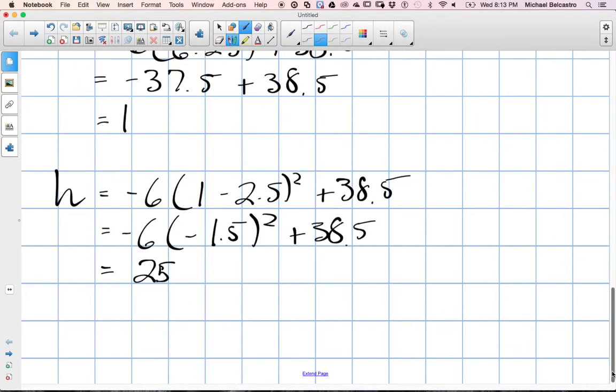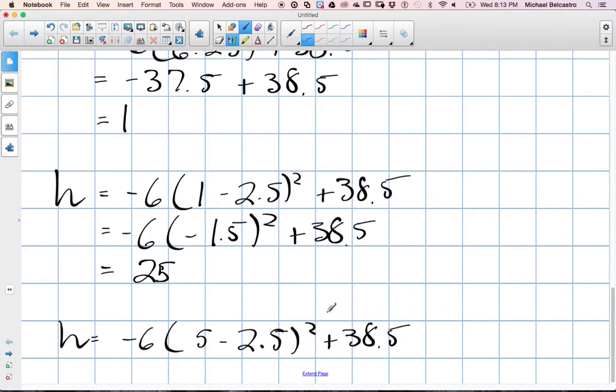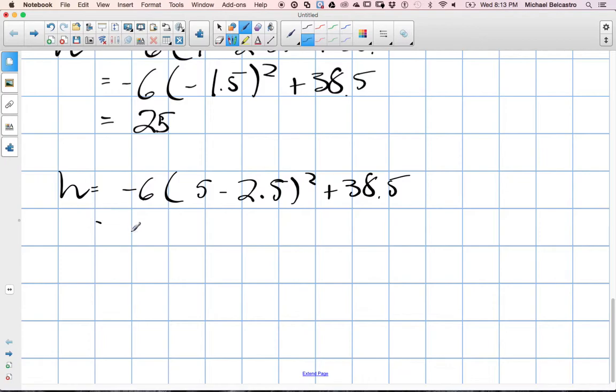So I'm going to quickly plug in 5 just to prove this. Height equals negative 6 times (5 minus 2.5) squared plus 38.5, and this is why this is going to work out so well. Ready for this? I sound so excited. When you subtract, you're going to get 2.5, and before we did negative 2.5.